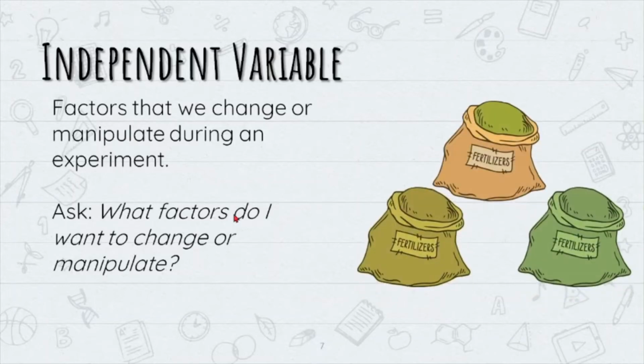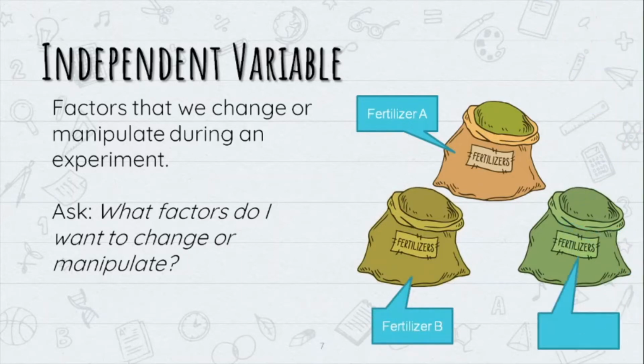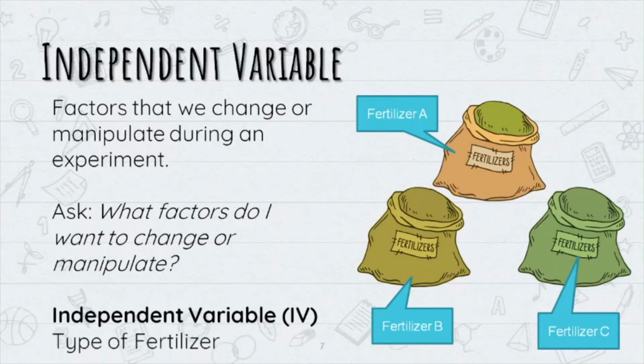So based from our situation in which we are going to identify which fertilizer is the best for the plant growth, obviously, the factor that we want to change or manipulate, or the thing that we want to use during the experiment, is the type of fertilizer, whether it will be fertilizer A, fertilizer B, or fertilizer Z.